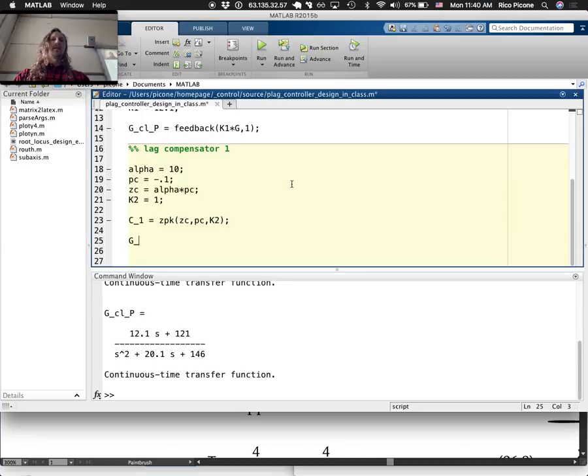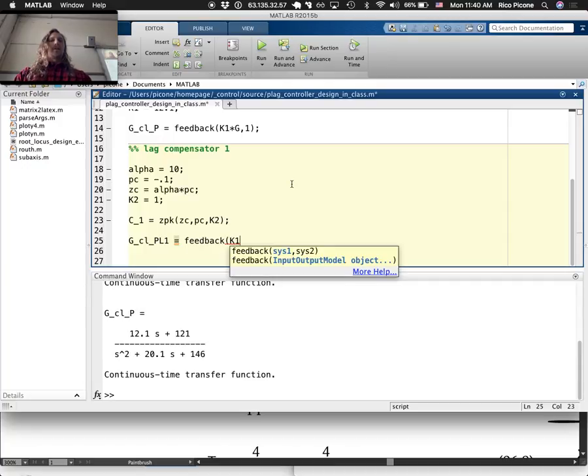So G closed loop PL1. This is going to be our proportional lag controller 1, initial design. And so that's going to be feedback of, so K1 is still there.